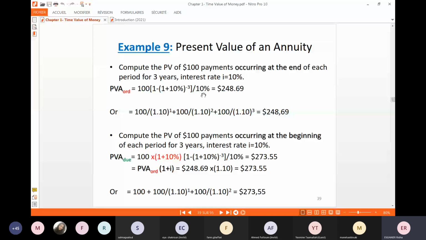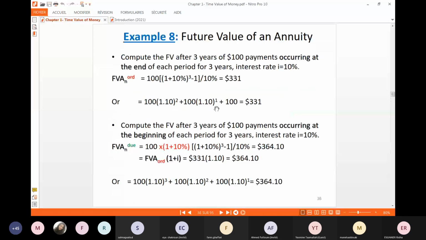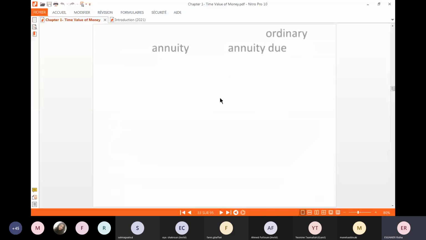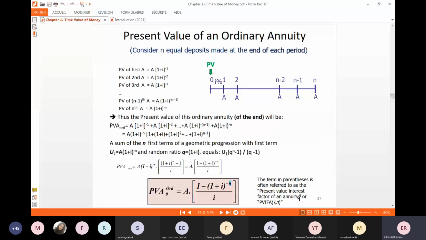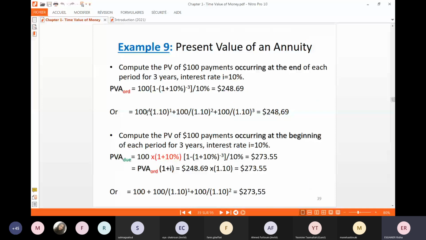Present value of the first 100 will be 100 over 1 plus I power 1, plus 100 over 1 plus I power 2 years of discounting, plus 100 over 1 plus I power 3 years of discounting. You will get the same present value, 248.69.